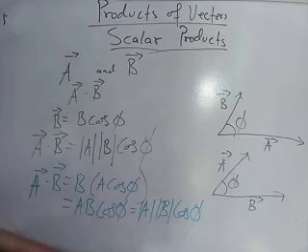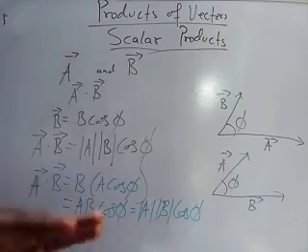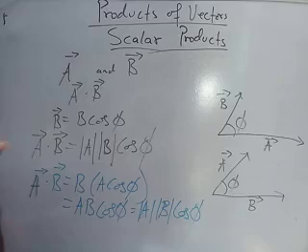When the angle is between 0 and 90, when it is less than 90, we have a positive value. When it is at 90, of course cos 90 is zero. So if it is at 90 degrees, the dot product of these vectors is zero.